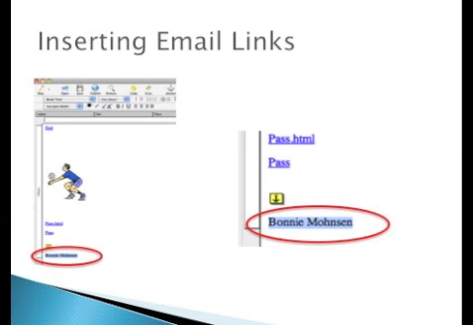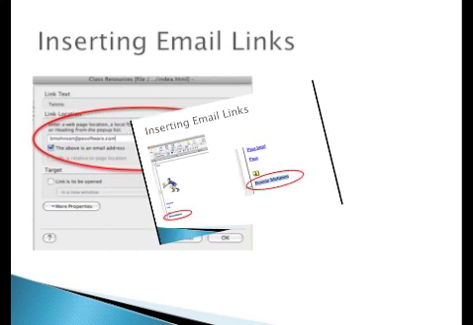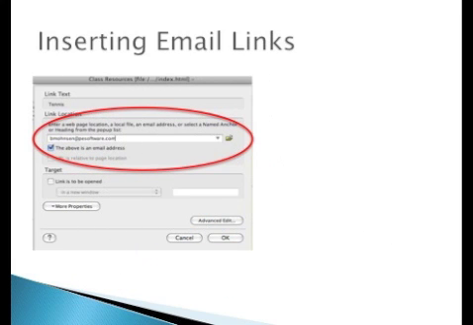Now let's look at a special type of link known as an email link. And remember, you need to have this type of link on every page. So I type in my name and I highlight it and I click on links. I type in my email address and I click in the box that says the above is in fact an email address.